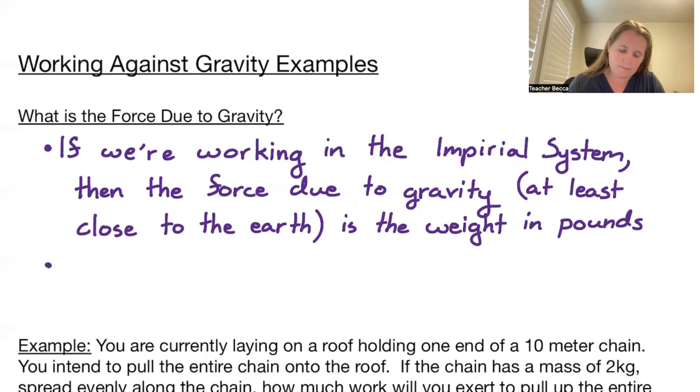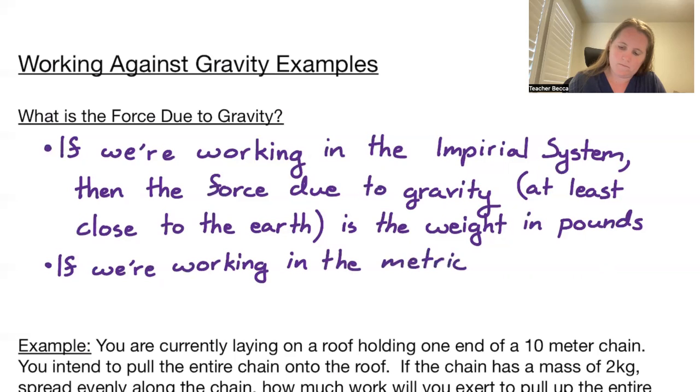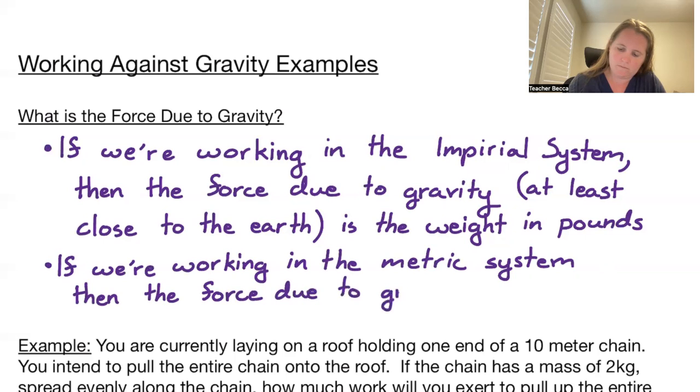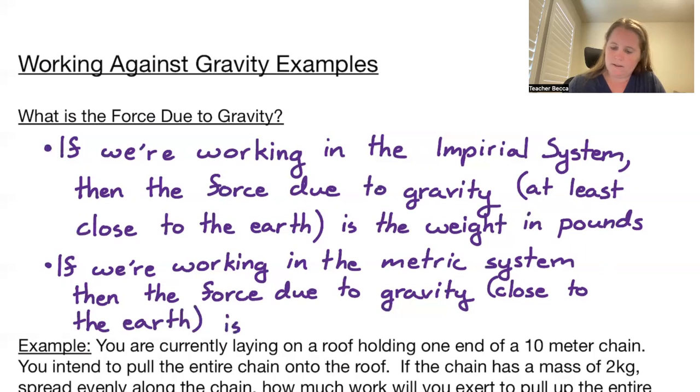If we are working in the metric system, then the force due to gravity, again close to the Earth, is mass in kilograms times the acceleration due to gravity, which is 9.8 meters per second squared.